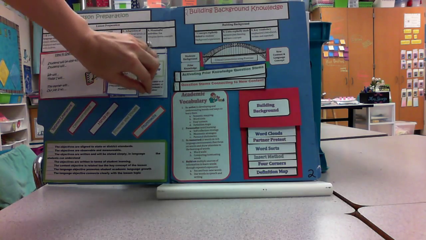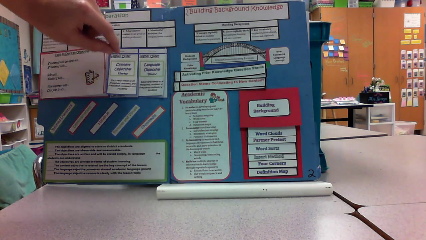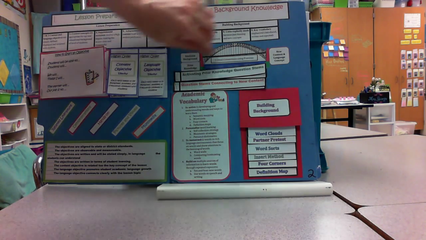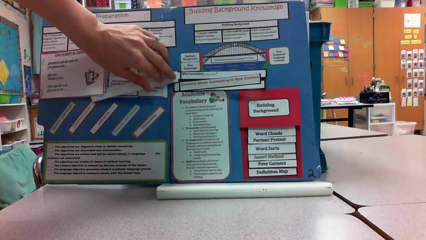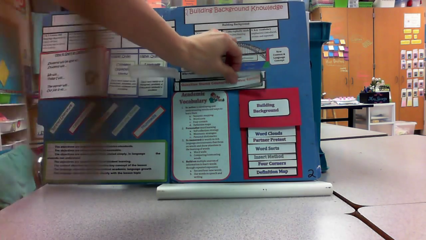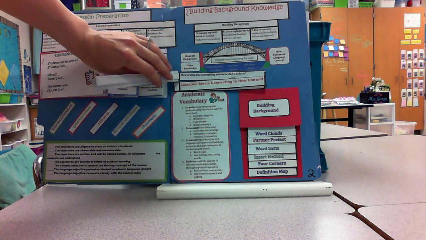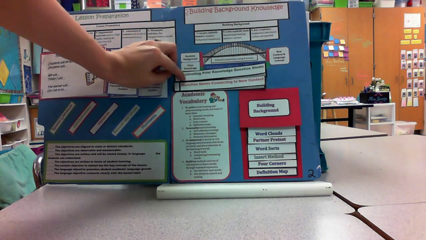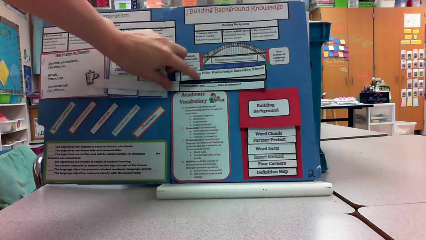You can use graphic organizers or class notes or a PowerPoint slide. These are question stems to help you activate prior knowledge, if you're trying to decide how you can do that in your lesson. These are question stems to help connect to new content.